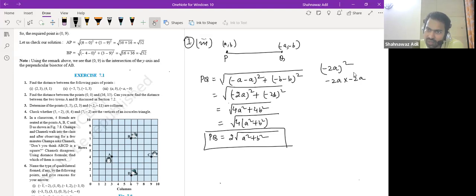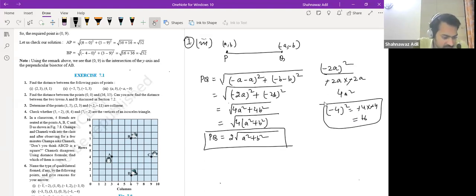This is the meaning of square. So this minus minus will cancel and I have 4a squared, right? Similarly, if I have minus 4 squared, this would be minus 4 into minus 4, so minus will cancel and this would be 16. So a negative square is always positive, right?